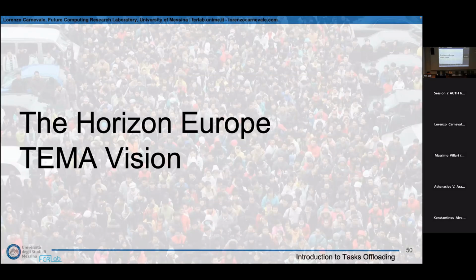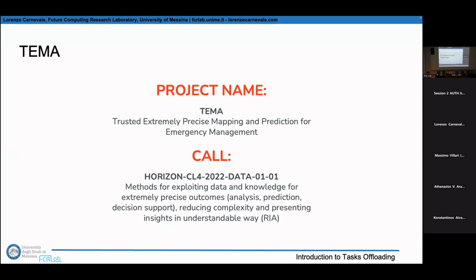And part of it is already built. So first of all, TEMA. What is TEMA? It's the Trusted, Extremely Precise Mapping and Prediction for Emergency Management platform. It is a Horizon Cluster 4 project.